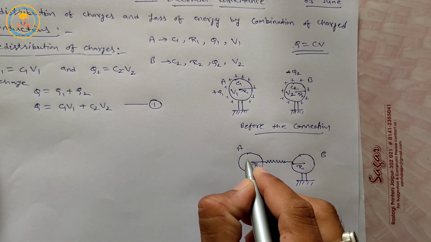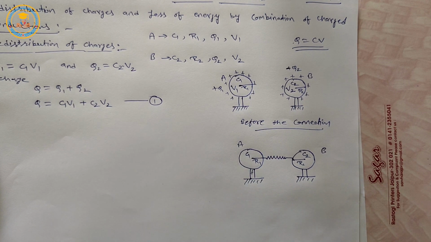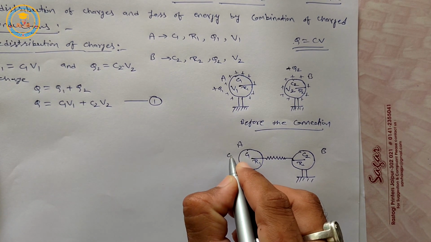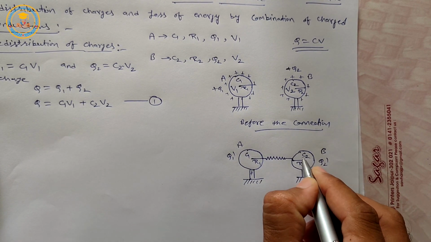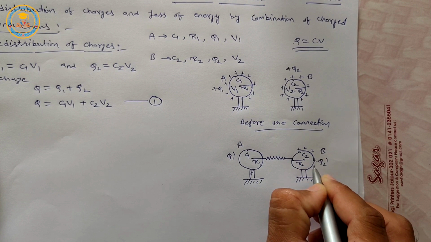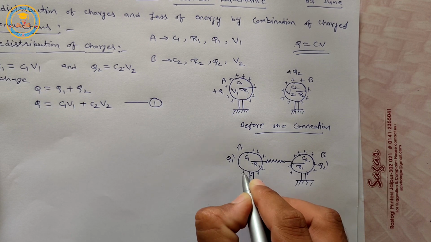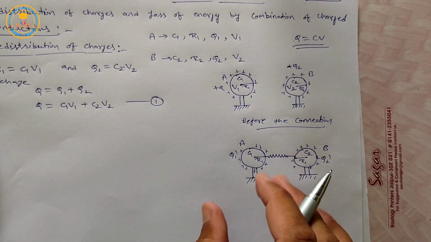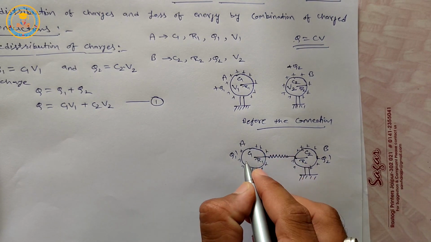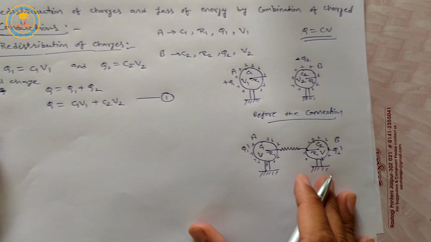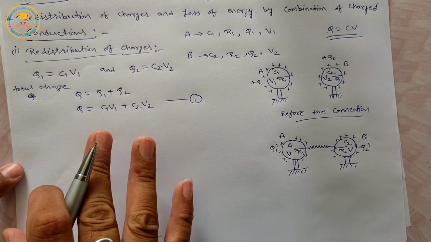Capacitance of this conductor is C1 and this is C2. Then after redistribution, charge is q1 dash on conductor A and charge is q2 dash on conductor B. In this situation, the electric potential is the same, suppose V and V. It means the common potential of both conductors.